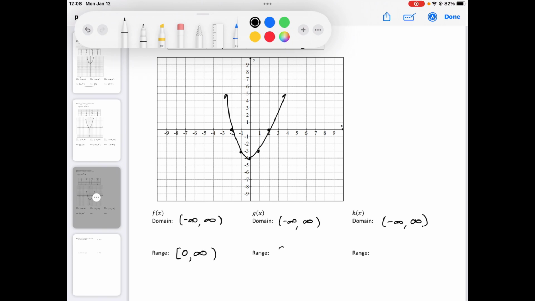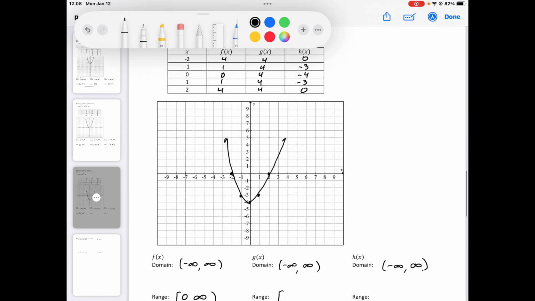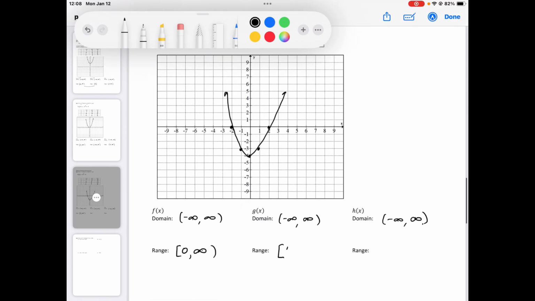The range for my g(x) value is actually just 4. So that means that the range for my composite function should be a collection of those two values, which is from -4 to infinity.